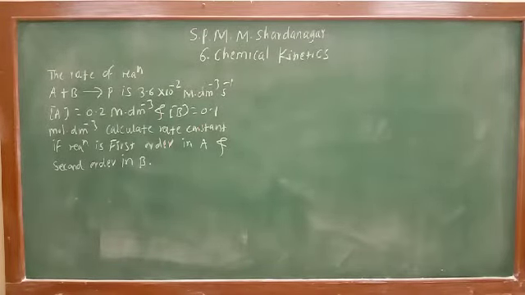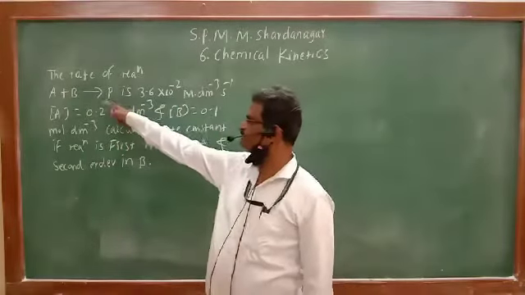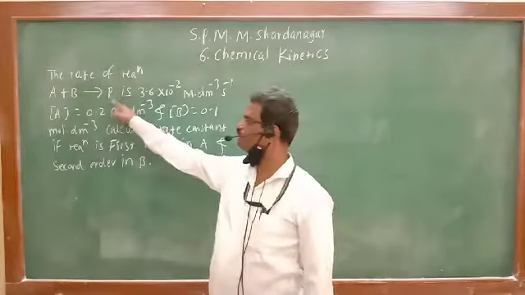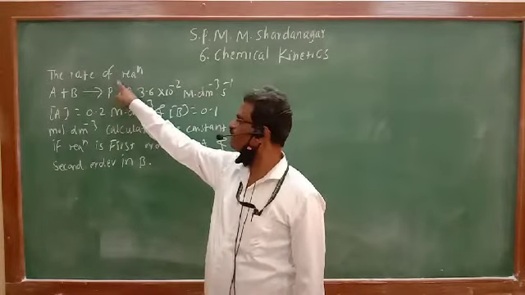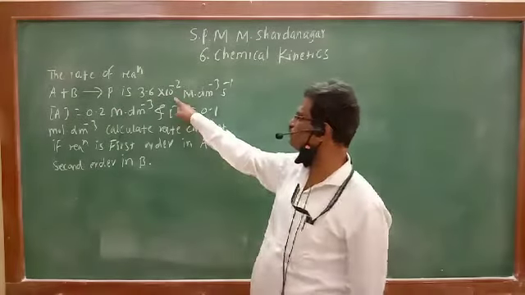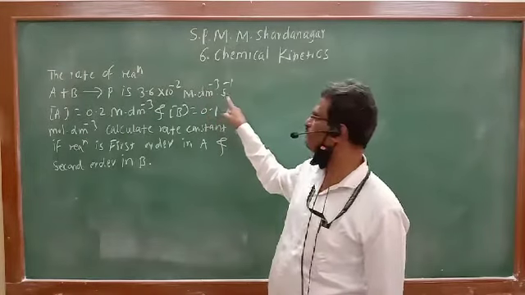Now let us see this problem. The reaction is given: A plus B giving P. For this reaction, the rate of reaction is 3.6 into 10 raised to minus 2 mole per decimeter cube per second.